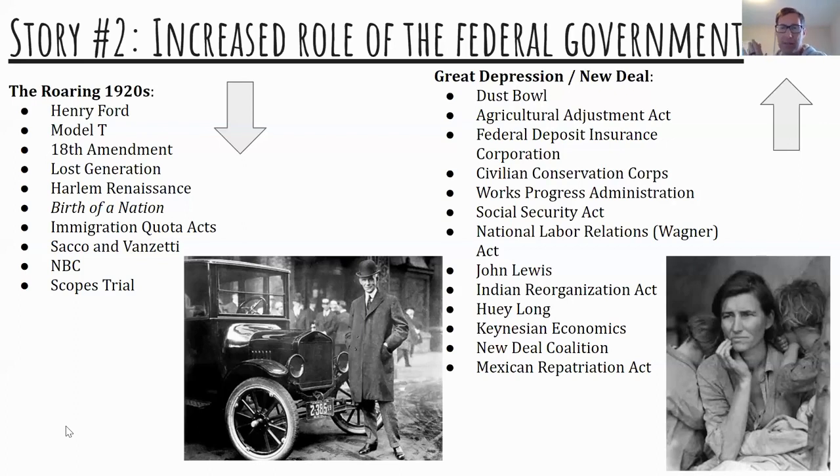And we see people like Henry Ford, industrialists like him, and even Thomas Edison being the leaders in American society, as well as cultural icons like Charles Lindbergh and Babe Ruth.